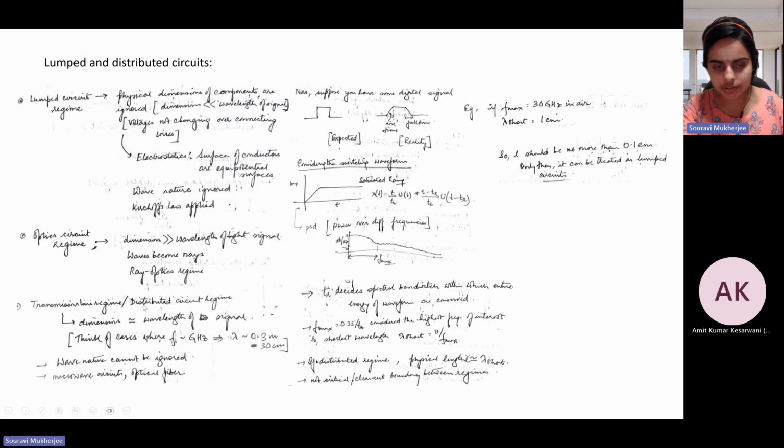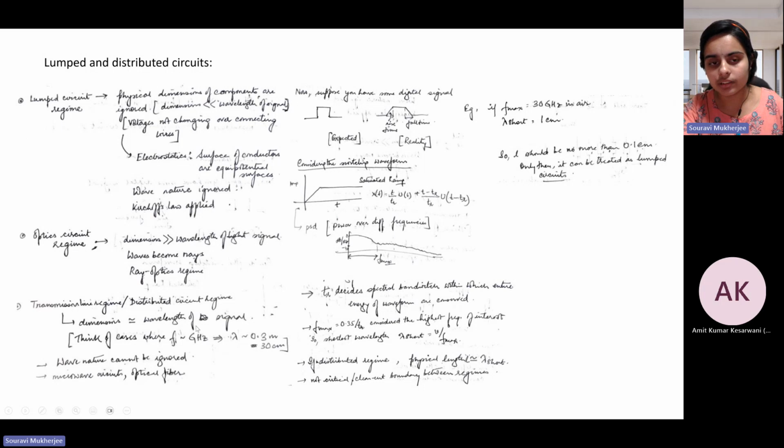But then what's interesting and what we'll try to discuss today is this regime where the dimensions of the components are actually comparable to the wavelength of the signal. So when can these things happen? Suppose when you are talking about microwave circuits or cases where your frequencies are way higher, suppose in the gigahertz range. So there, if you calculate the wavelength, it comes around 30 centimeters, right?